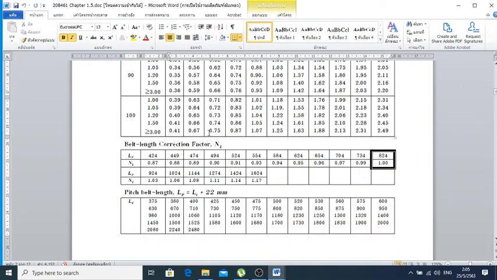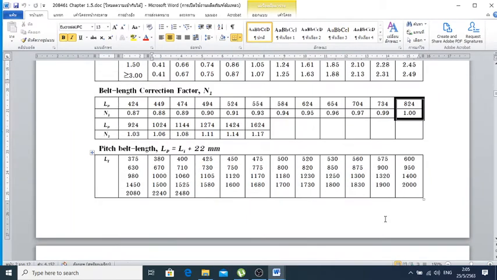Another one, N1, you can determine from the L sub P. Starting from L sub P of 824 as a reference, N sub 1 equals 1. Otherwise there is a relationship based on N sub 1 in this table. Before L sub P, you go for L sub I, the pitch belt length.